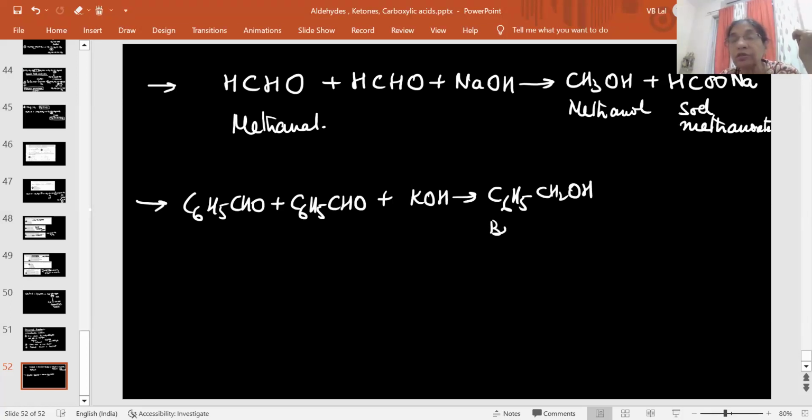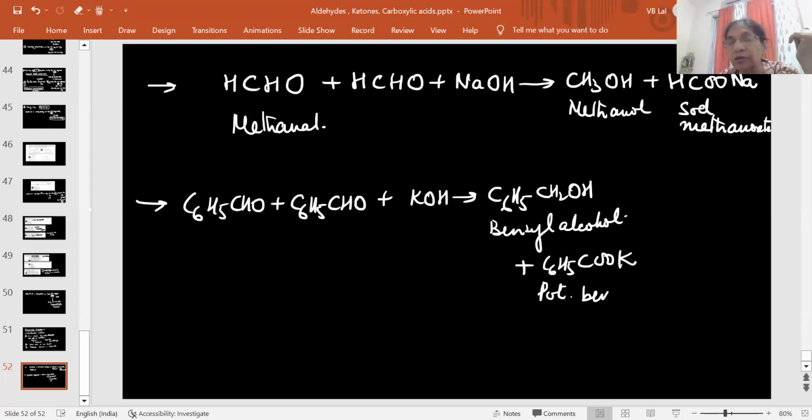This is benzyl alcohol. And what is the other one? C6H5, you will get benzoic acid, C6H5COO, and because it is potassium hydroxide, this is potassium benzoate. So this reaction is known as which one? Cannizzaro reaction.